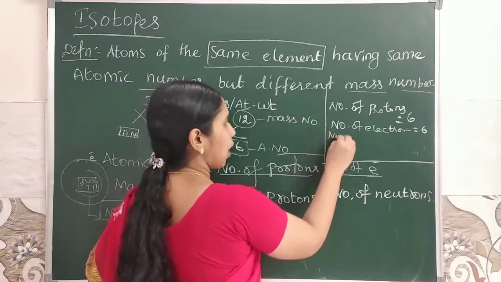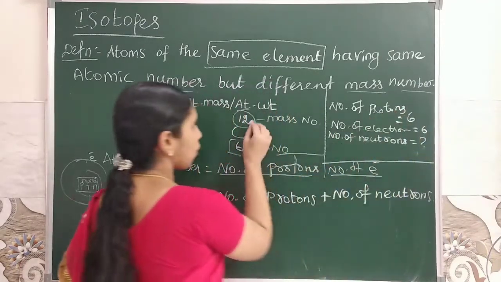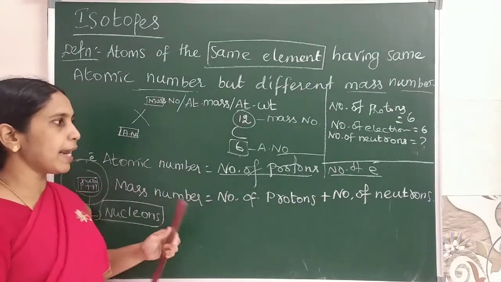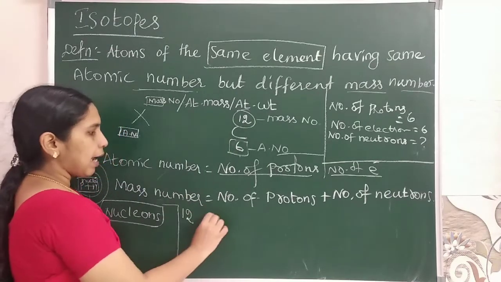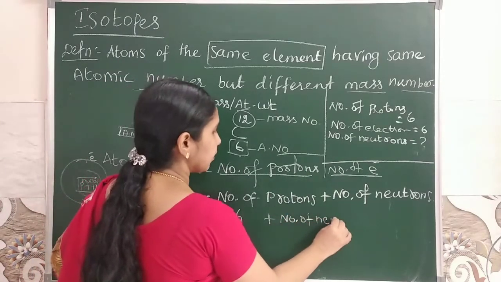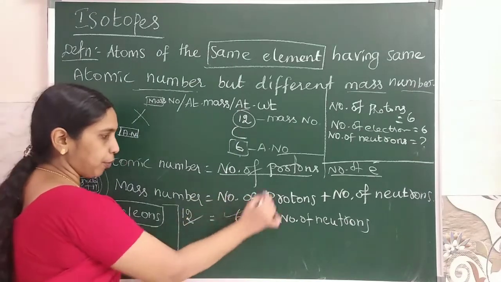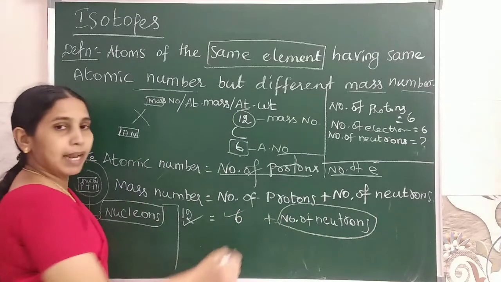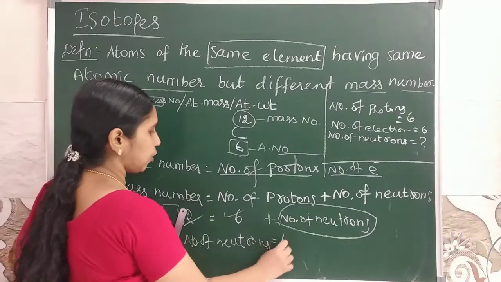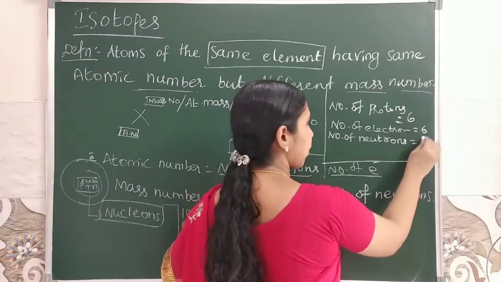For neutrons, use the mass number: 12 minus 6, which is equal to 6. So the number of neutrons is 6.